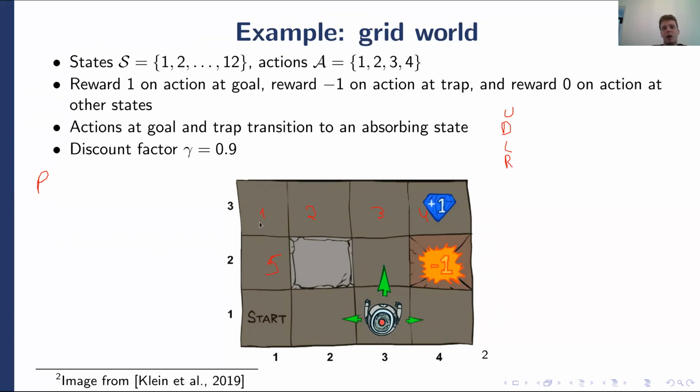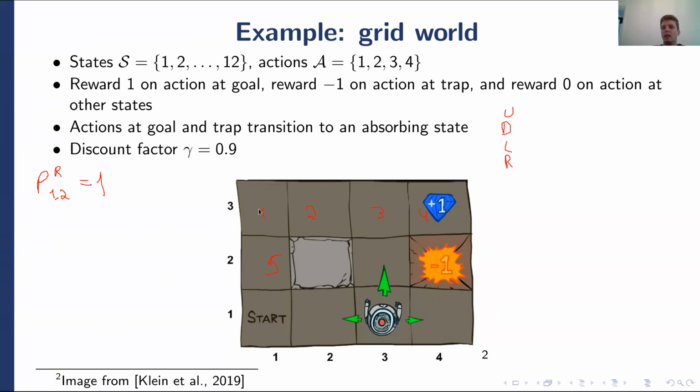So the probability of transitioning, let's start with the valid actions, okay? So the probability of transitioning from state 1, this state, to state 2, with action right is equal to 1 in this environment, okay?